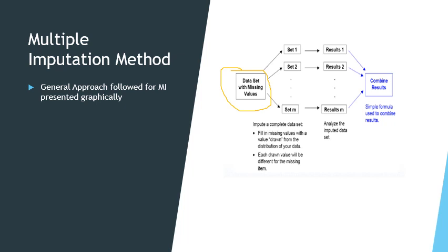What multiple imputation is doing is creating a set of m data sets, and in each data set it replaces missing values with the help of the observed data distribution of your data set.